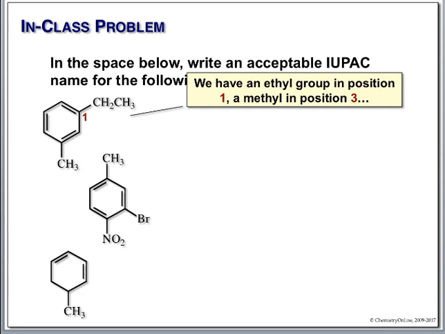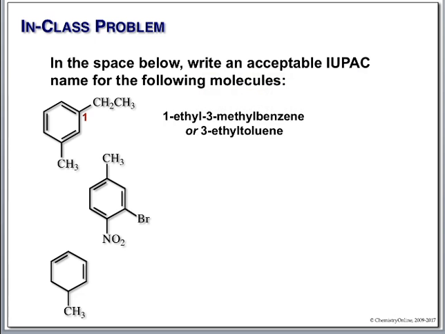So it's going to be a 1-ethyl-3-methylbenzene. We can also name this as a derivative of toluene. Remember, if you name it as a toluene, by definition, the methyl group is going to be carbon 1, so that would make it 3-ethyltoluene.